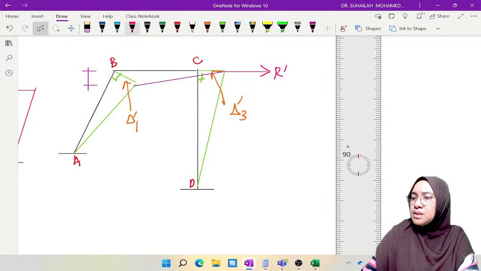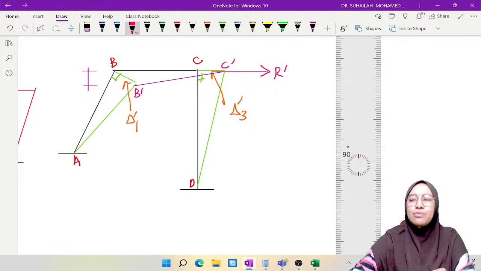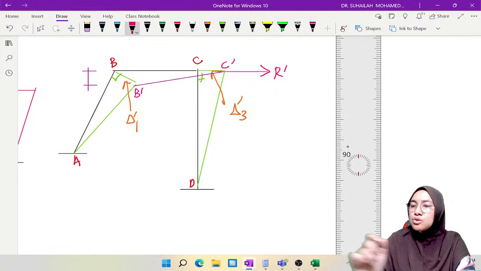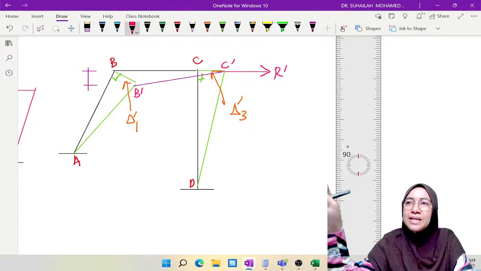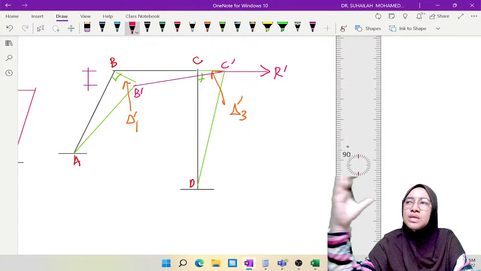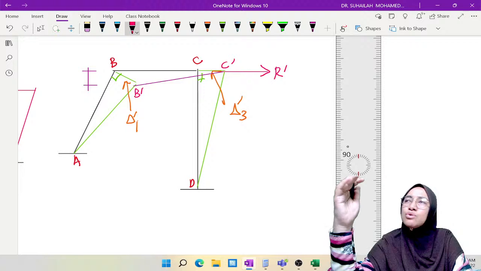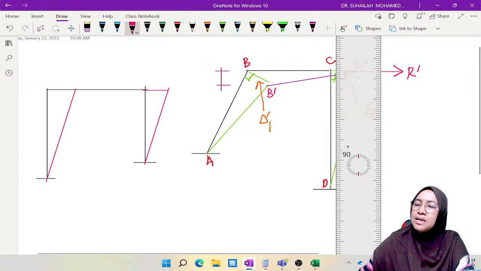Okay, because this is B prime and then C prime. We have B prime and C prime. So the distance of the two vertical columns, the two vertical ones, is on this side.